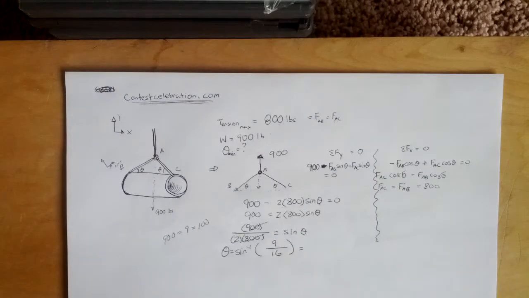So let me see if I can get on my trusty calculator and go from there. Alright. Gonna start plugging this in, and we'll see what we get. So that's 9 over 16.